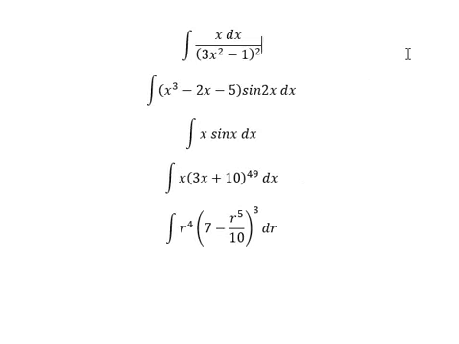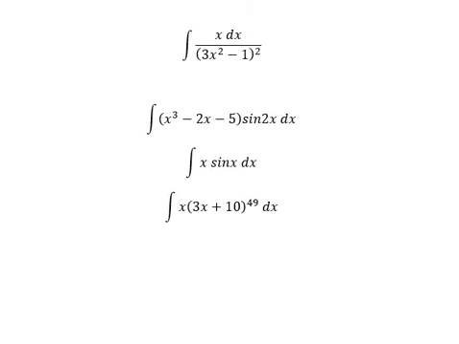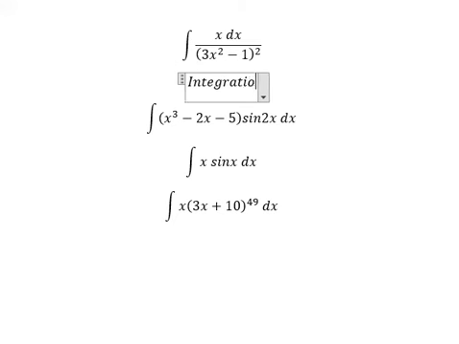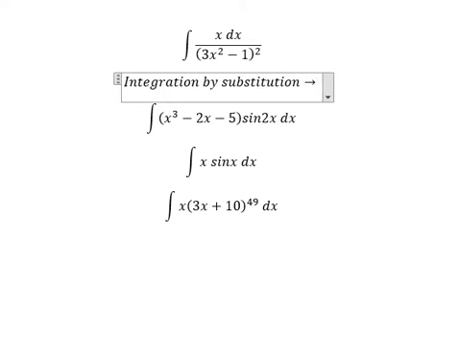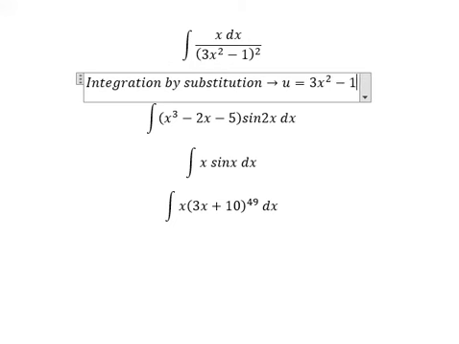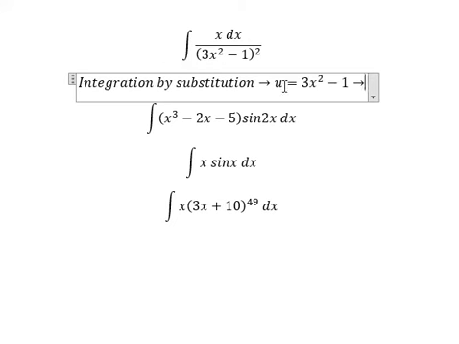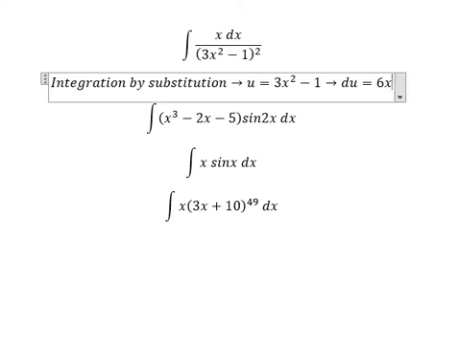Now let's go to question number 3. We need to use integration by substitution. So I will put u equal to 3s squared minus 1. So we do first the derivative for both sides. You got 6s ds.